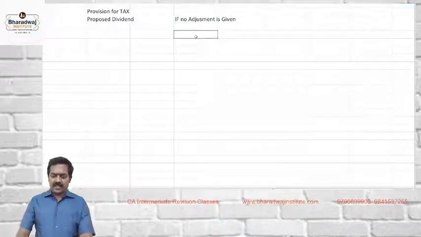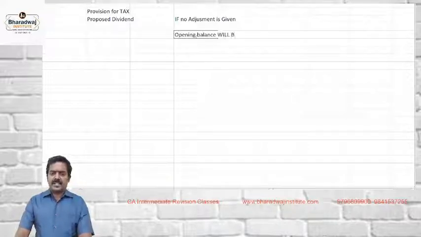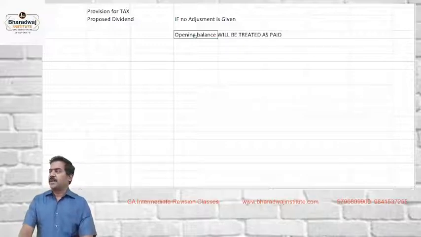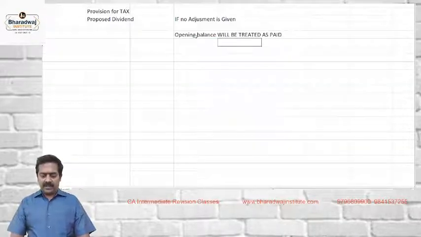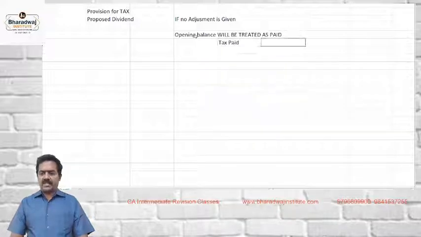If no adjustments are given, opening balances will be treated as paid. For example, the tax opening balance. Tax paid will come in which activity? Cash from which activity? Operating activity. Dividend paid?